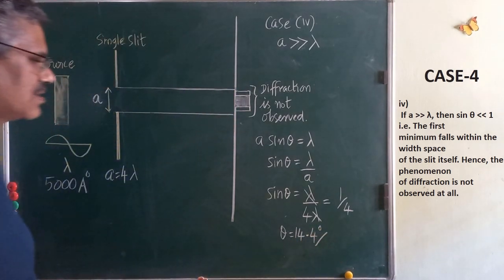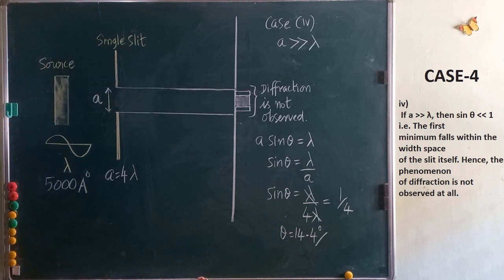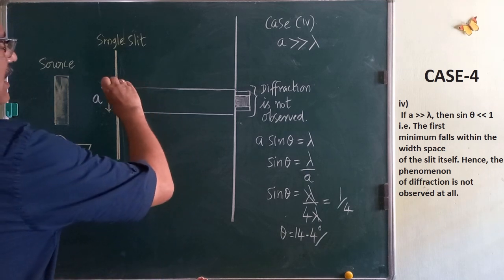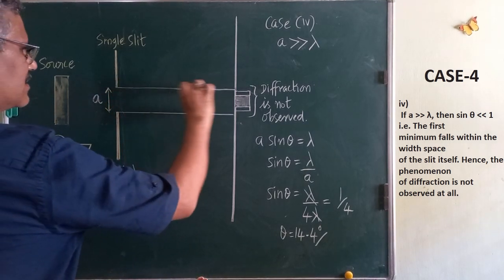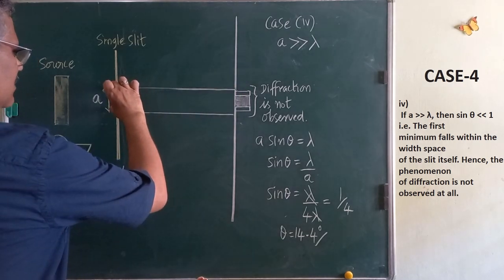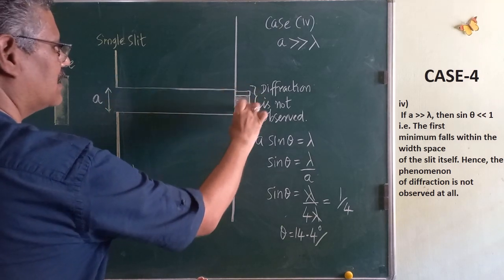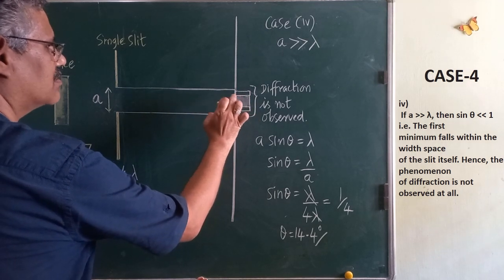This angle is very much less. If the angle is very much less, it means angular spread is very less. Angular spread is less means within this region itself, within the width of the slit, the diffraction pattern is created, but it is not able to be observed.